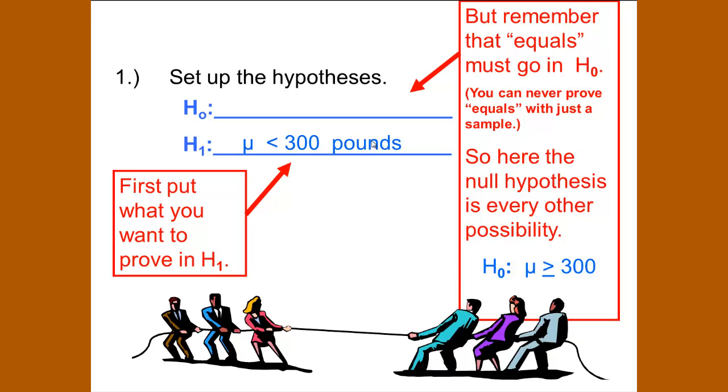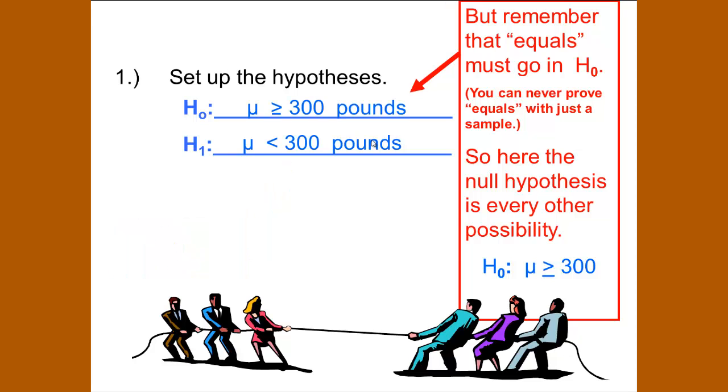Remember that equals must go into H0, the null. You can never prove the equals with just a sample, and remember that we're not trying to prove the null. So the null hypothesis is every other possibility, therefore greater than or equal to 300.